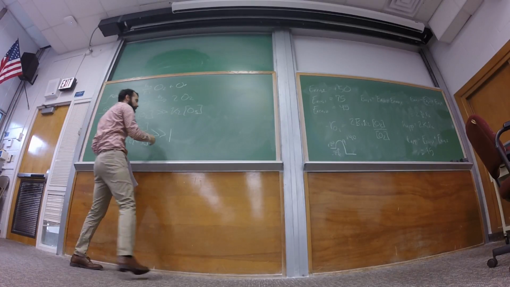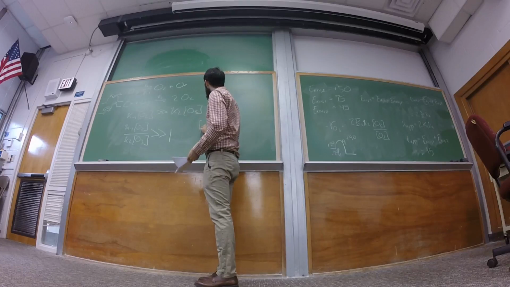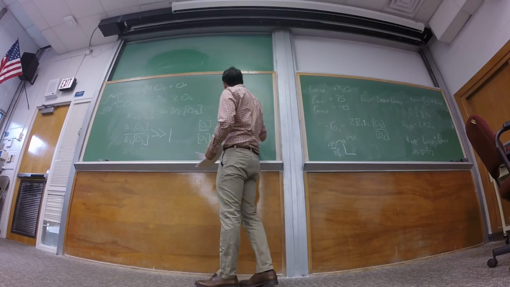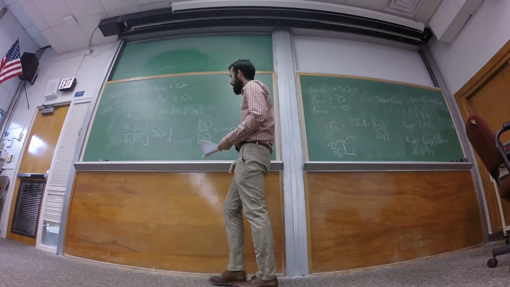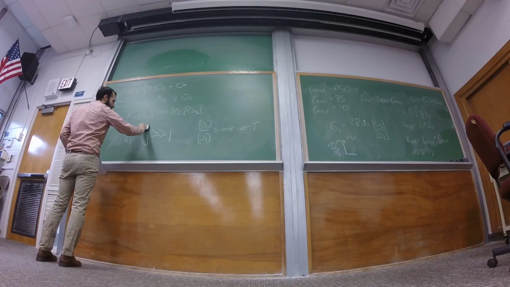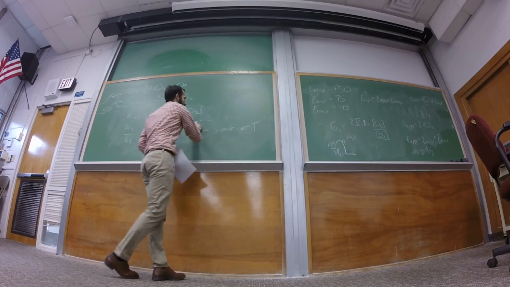So does the ratio of the concentrations change with temperature? No, right? This is constant with respect to temperature. And so all that matters then is the ratio of the rate constants.